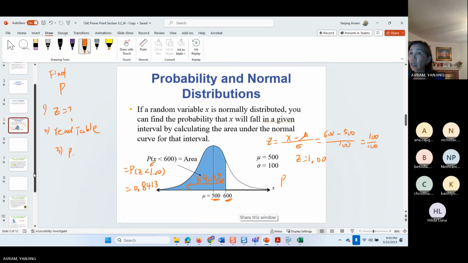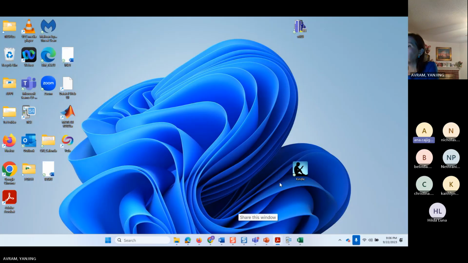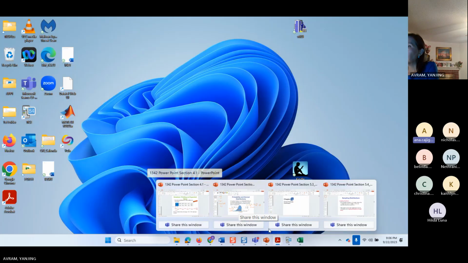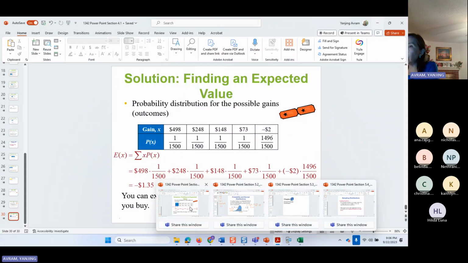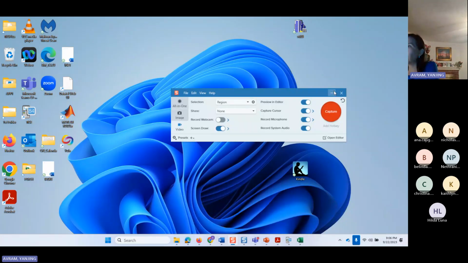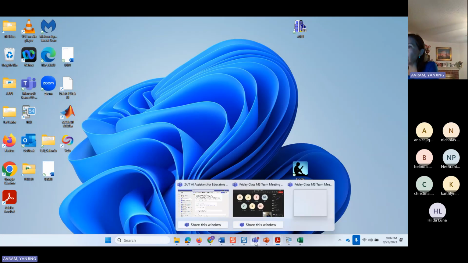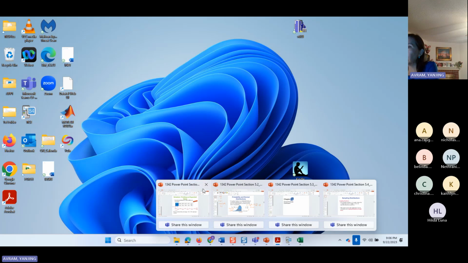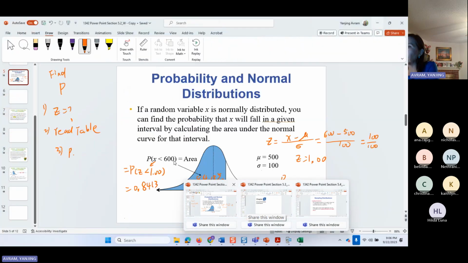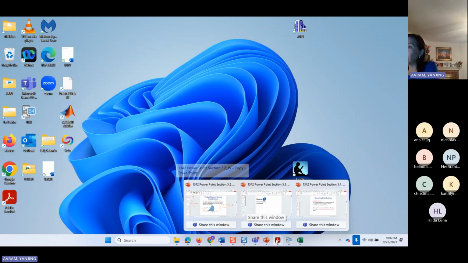Okay, any questions? Yes, I have a question. Where can we find the table that you are projecting? This table is on the e-text. It should be in the e-text, but if you cannot find it in your textbook, I can post it on Canvas.